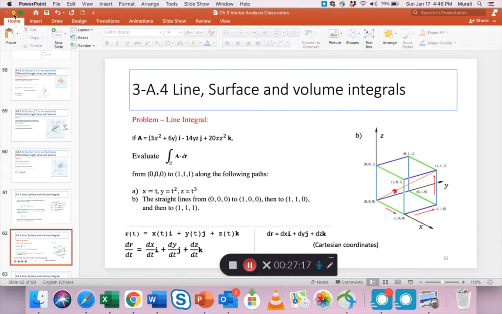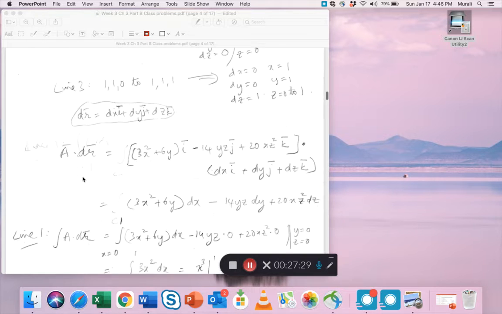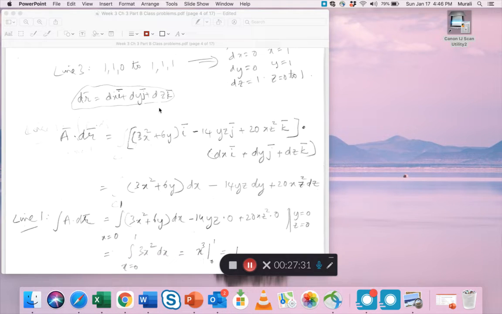So using those properties which I have written here, dx is 1, x goes from 0 to 1, dy is 0, dz is 0 for path A. Similarly, path B, path C, then you can write dr as the sum of all that.